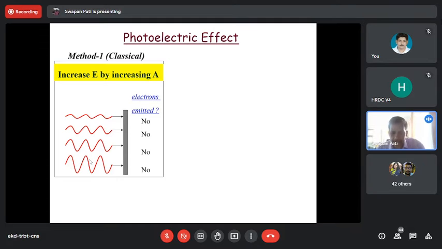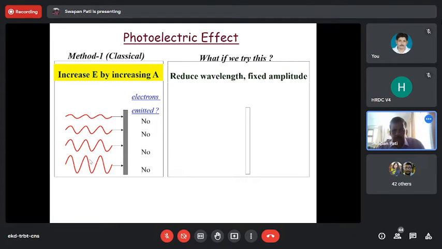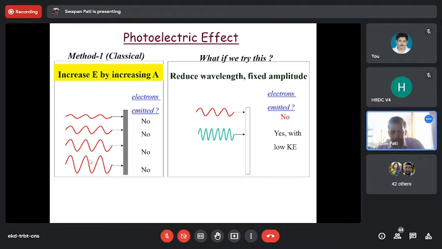There are free electrons on the surface of a metal. However, if you try the other way, reducing the wavelength with fixed amplitude so that the energy increases, with a large wavelength, are electrons emitted? No. Reduce the wavelength a little bit, yes, with low kinetic energy.